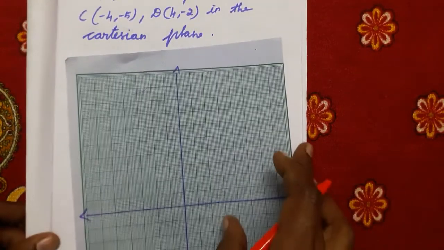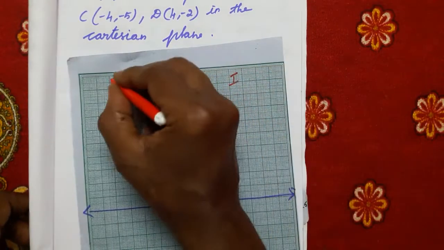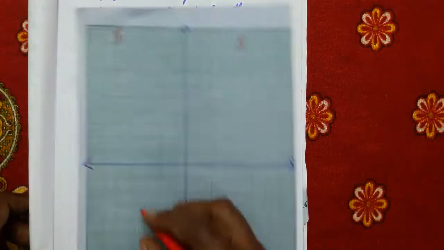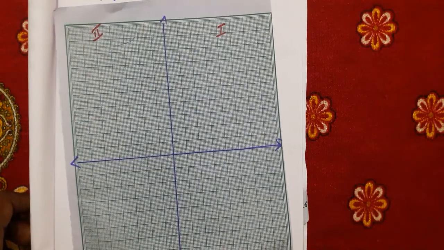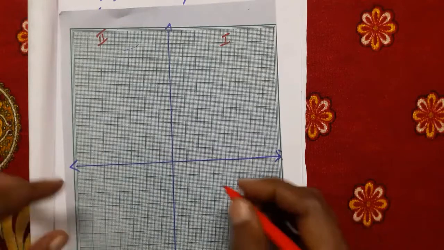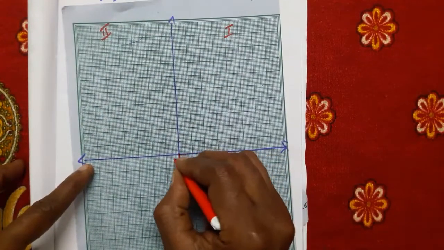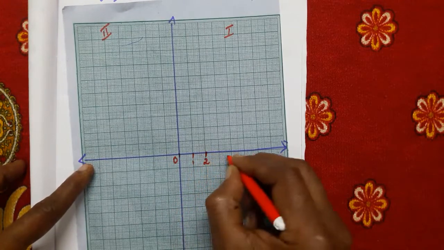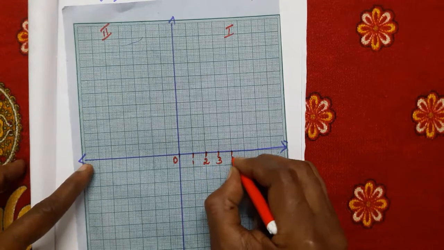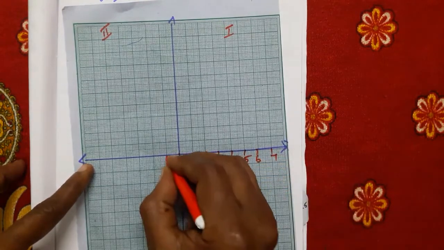First, we select the quadrants. This is the first quadrant, next the second quadrant, third quadrant, fourth quadrant. Here write 0. Next 1, 2, 3, 4, 5, 6, 7.